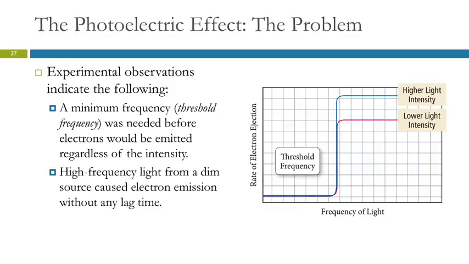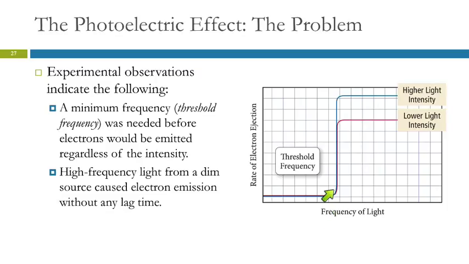So this is a graph of observations here. The rate of electron ejection would correlate to how much current you see, versus the frequency of the light. At low frequencies, nothing happened. No electrons were ejected. And it doesn't matter how long you wait, they won't be ejected.